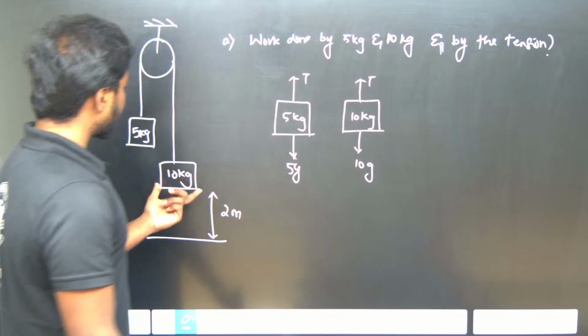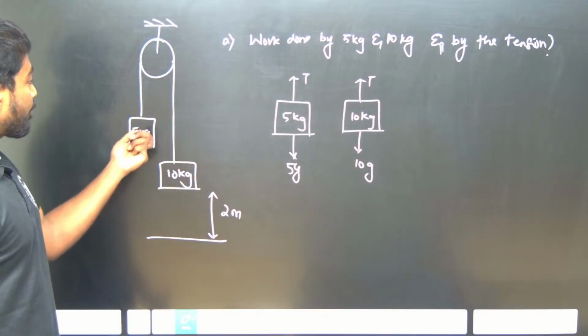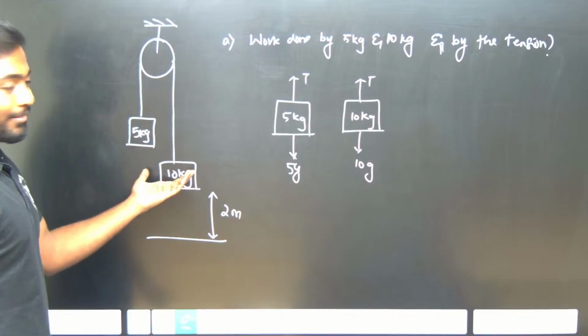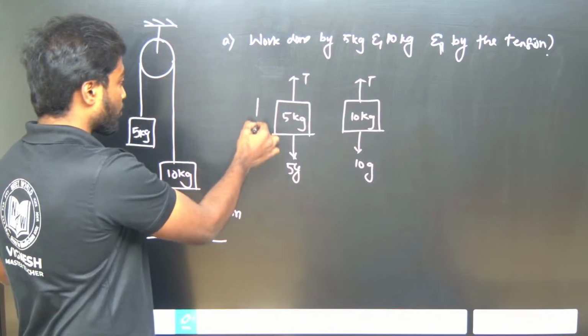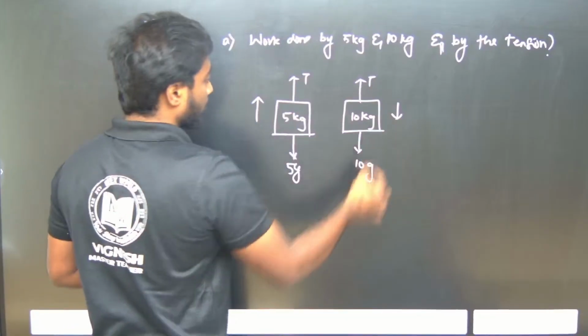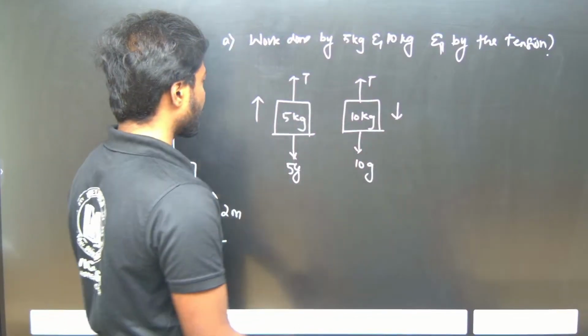So obviously 10 kg block will take the 5 kg block. I mean it is having more weight. It will come down, it will go up, right? So it is going up and it is coming down, right? So what happens here?